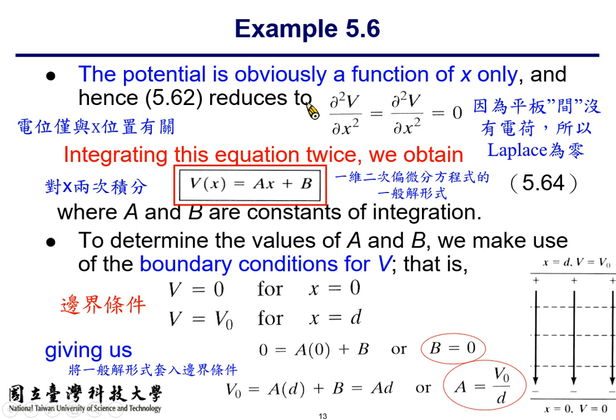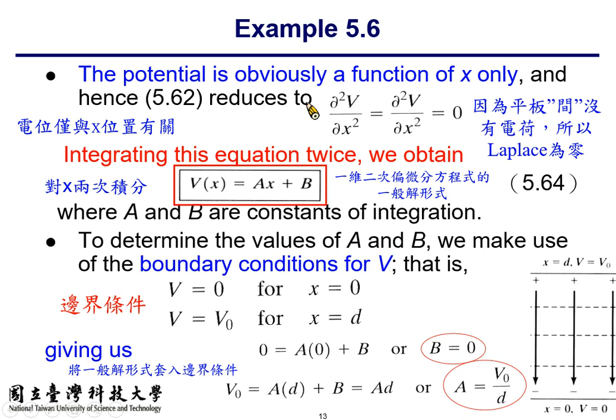We know the top plate voltage is V sub 0 and the bottom plate voltage is 0. So we can substitute the position, the x value, and the corresponding voltage value into this equation.